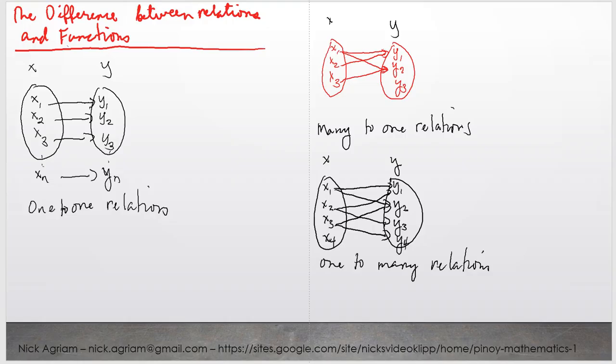I will go back here. This kind of relations, this one-to-one relation, is also a function. Many-to-one relation is not a function.